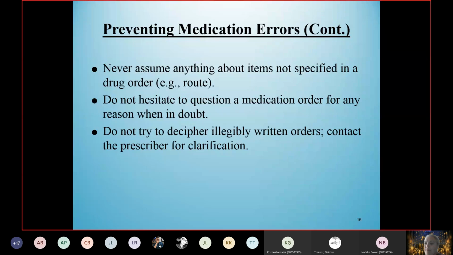Route. Yep, oral. It was lisinopril 10 milligrams daily. Or lisinopril 1 tab by mouth daily. What's missing? Lisinopril 1 tab by mouth daily.